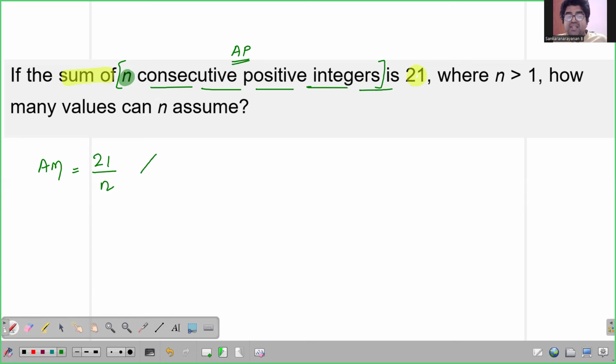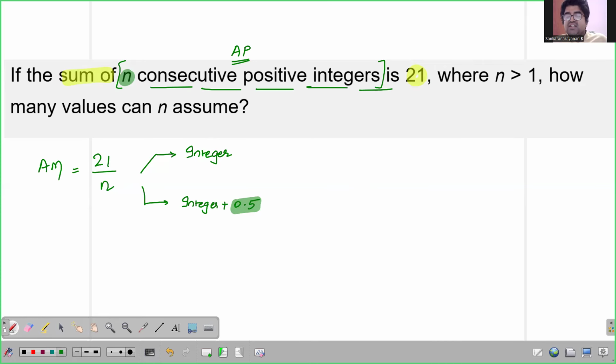Please be aware that this will be an integer, or an integer plus 0.5, because the numbers are consecutive.